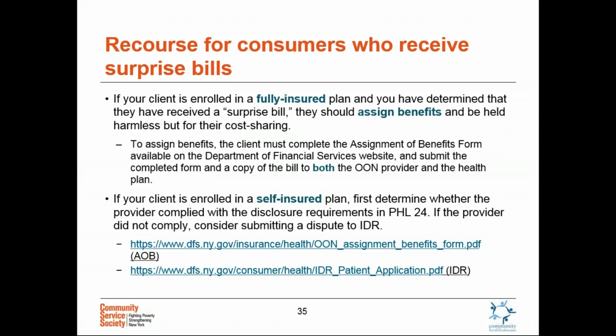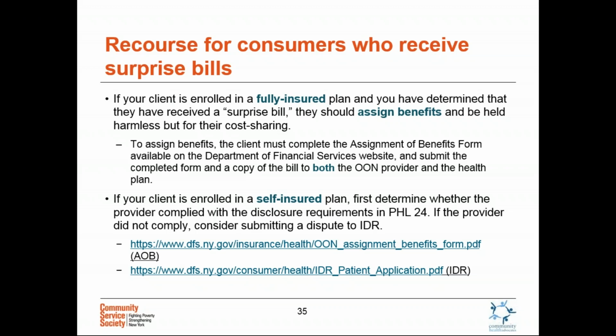Now that you're able to correctly identify surprise bills, let's review the protections afforded by the law. If your client is enrolled in a fully insured plan and you determine that they've received a surprise bill, then they should be held harmless, and in order to do that, they should assign benefits.